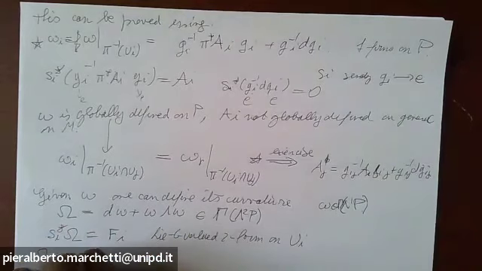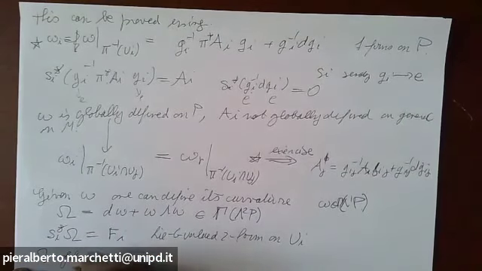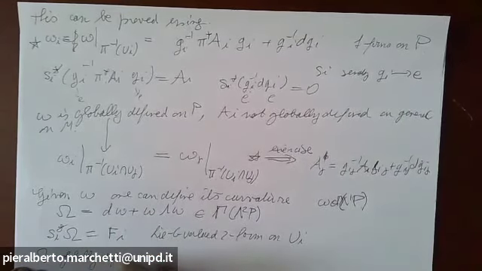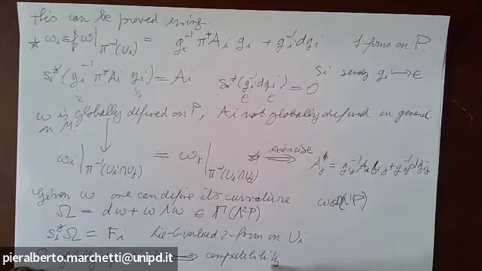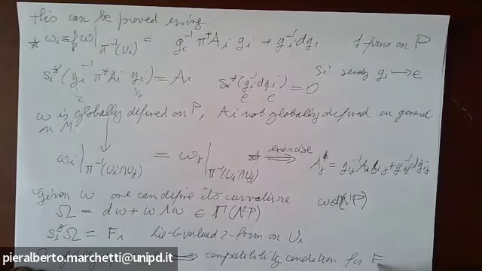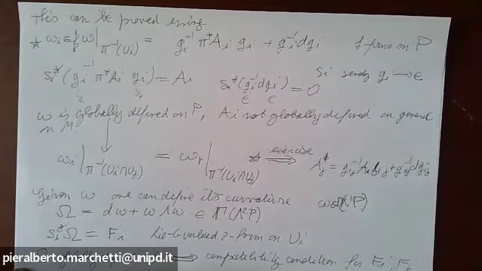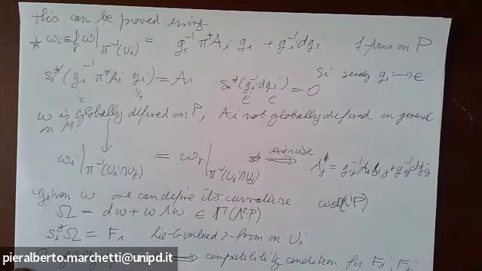And again, omega is globally defined on P, and this gives some compatibility condition for F_i and F_j in U_i ∩ U_j.